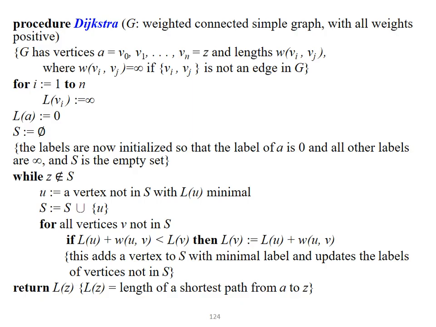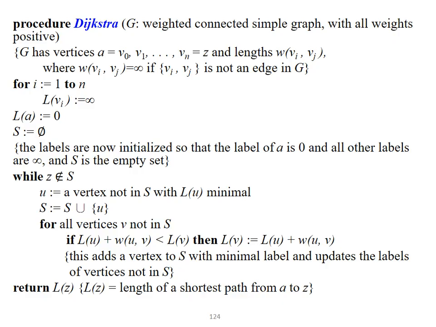Given a graph G, which is a weighted connected simple graph with all weightings positive. For this graph G, we have vertices V0, V1 to Vn, and we already assigned the weight of all the edges. We call that W of Vi and Vj.